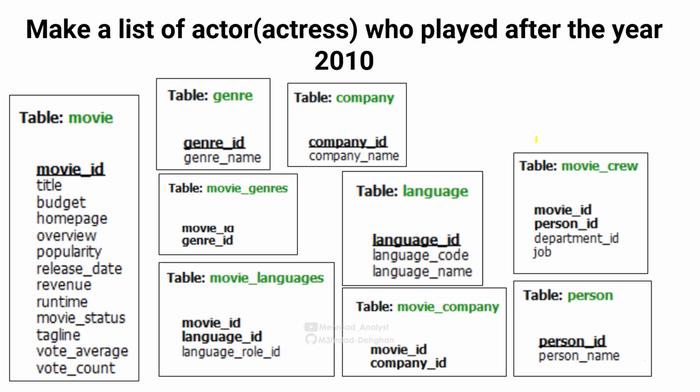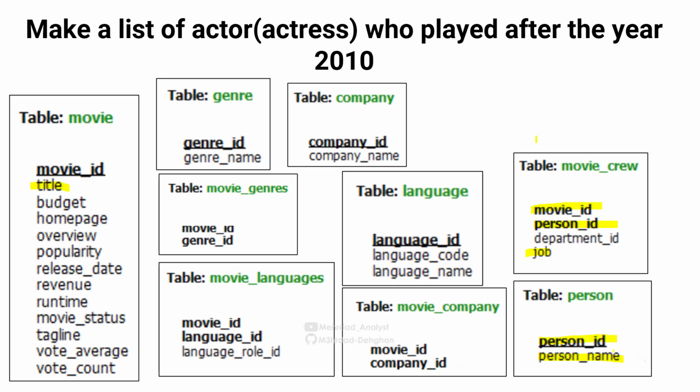Okay, the next question is asking, make a list of actors or actresses who played after the year 2010. So for answering this question, we need data from the movies, the title, and from another table, we need data from movie crew, the movie ID, the person ID, and the job, because we want to retrieve data from actors or actresses, and the person ID, and the person name.